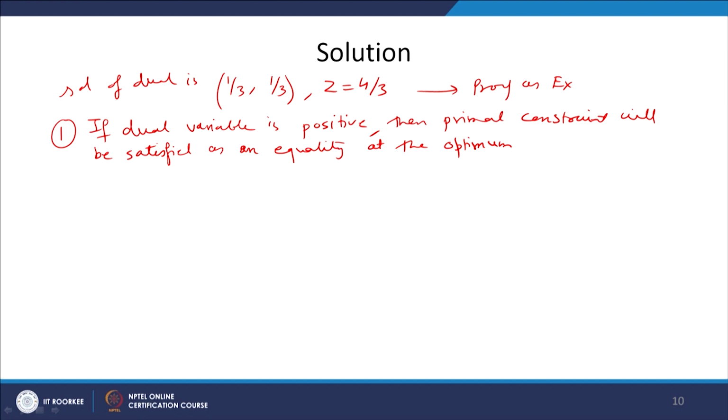This is the first complementary slackness condition that we will be using.